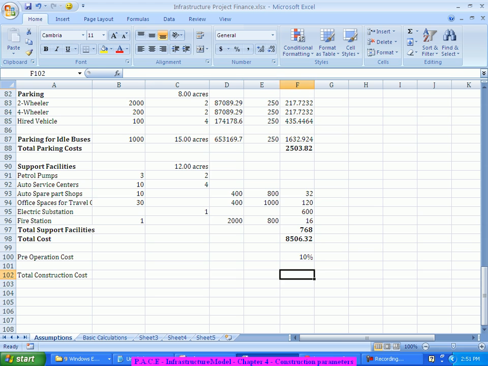This is what will come out to me as this number multiplied by 1 plus this number, which is 10% more. So my total construction cost will come out to almost 93 crores. In this case, my total construction cost comes out to 93 crores. Now that has to be distributed between year 1 and year 2.